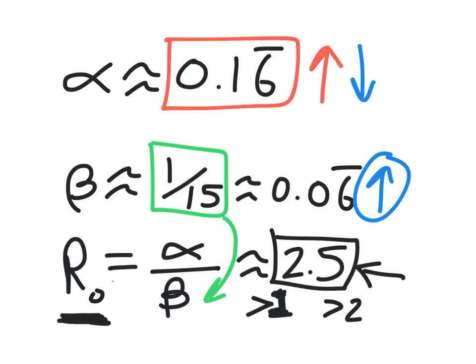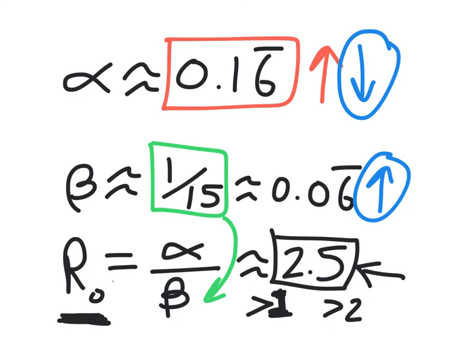You can see in the models, when you actually go through the numerical solutions on the computer that I'm going to show you, if you change that value for beta, if you make it a larger value, and notice 1/7 is larger than 1/15, you're going to have the curve be much lower, and it's going to be really a good thing. The infections go down. So I'm going to keep that in mind, that what we want to do with our policies is to lower the number for alpha and raise the number for beta.